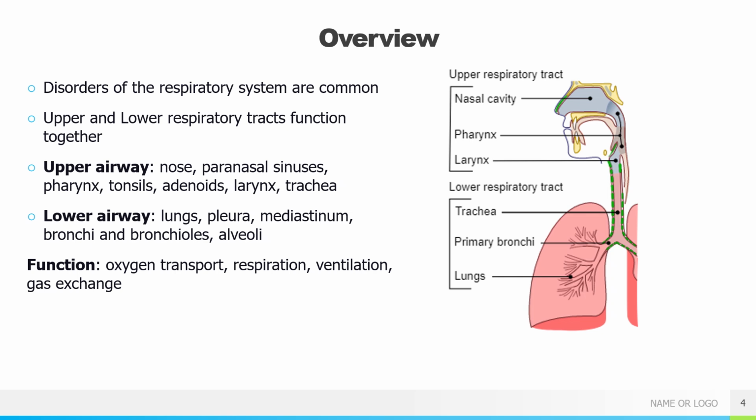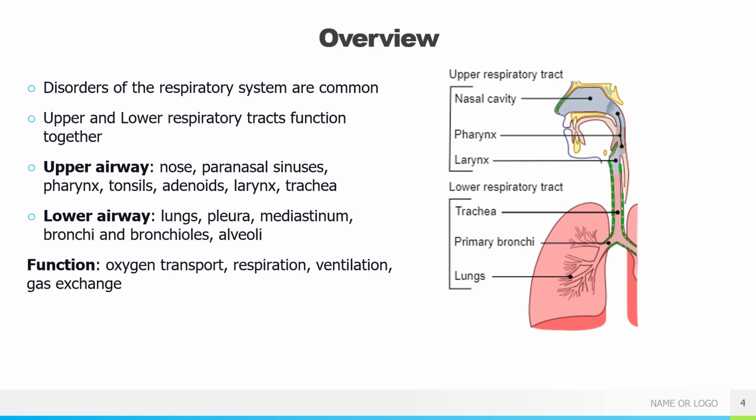And the lower airway includes the trachea, bronchi, bronchioles, alveoli, lungs, and pleura. This portion of the respiratory system is primarily responsible for moving air into the lungs, allowing for gas exchange to occur.